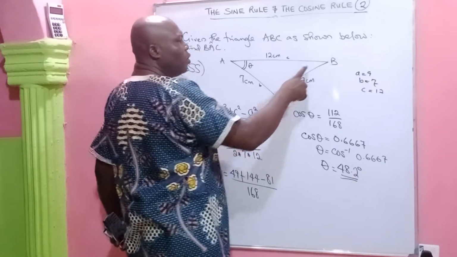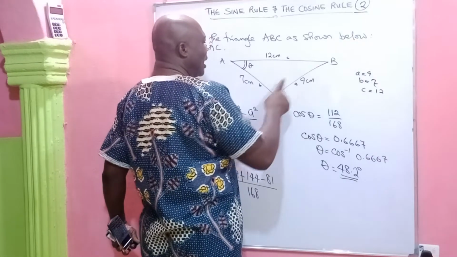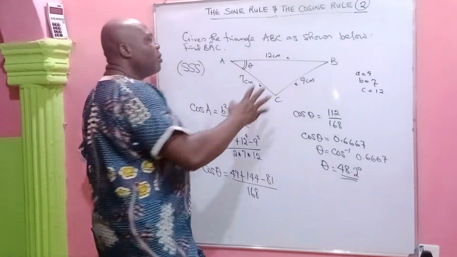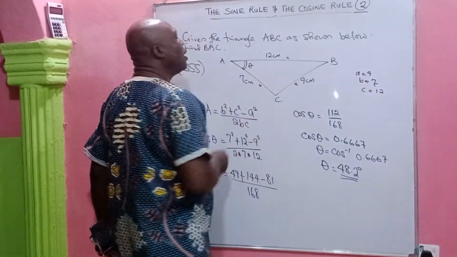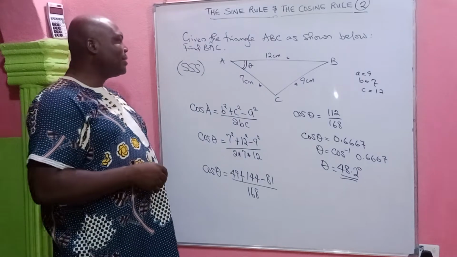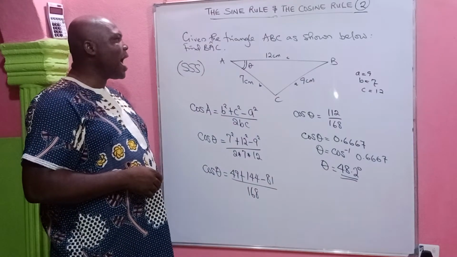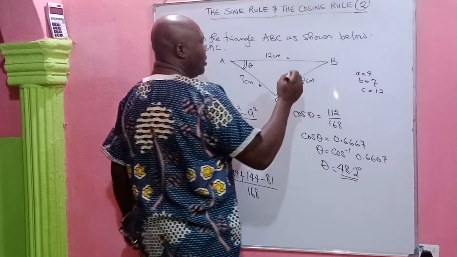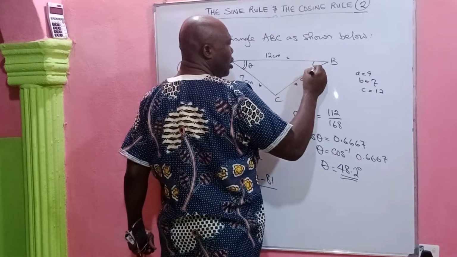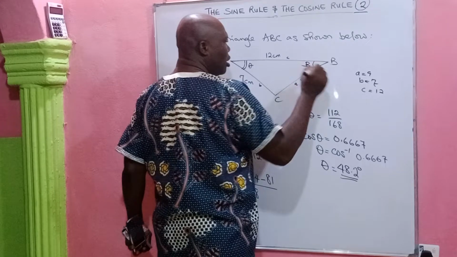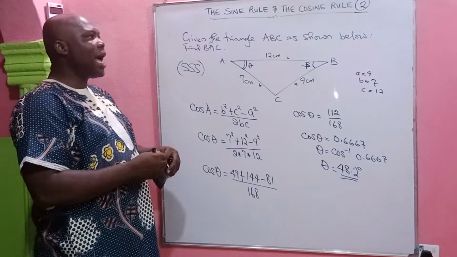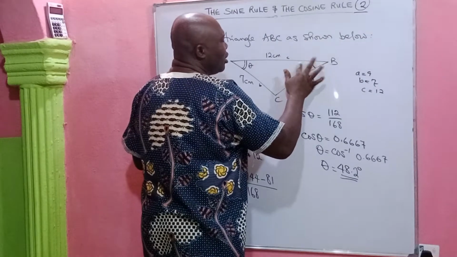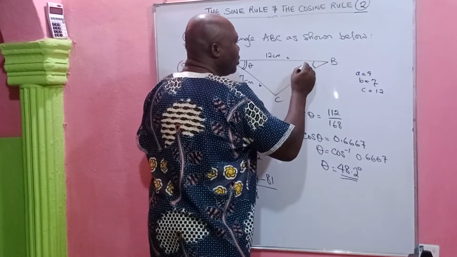Now you've gotten here, you can also look for this angle, as well as maybe one of the other angles. So let's say for instance we want to find the angle at B. Let's call it alpha.